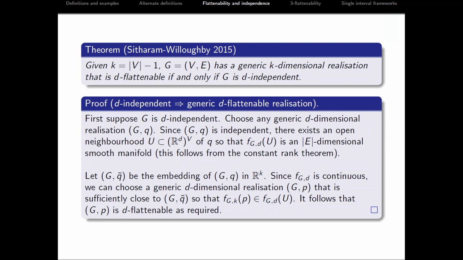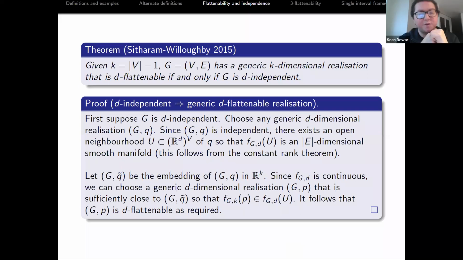Hey, Sean. Yep. Q tilde is the embedding of RD into RK? Or the realization that comes by embedding the smaller RD into the bigger RK? So Q tilde is just the single framework, so it's not an embedding of the whole space.